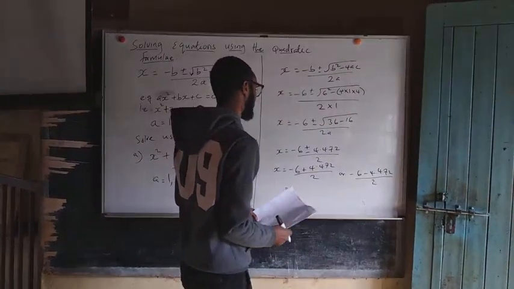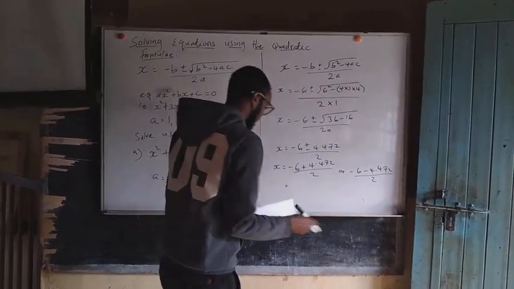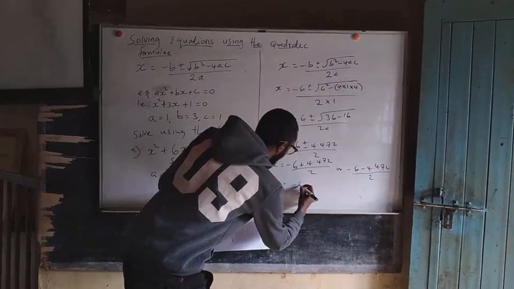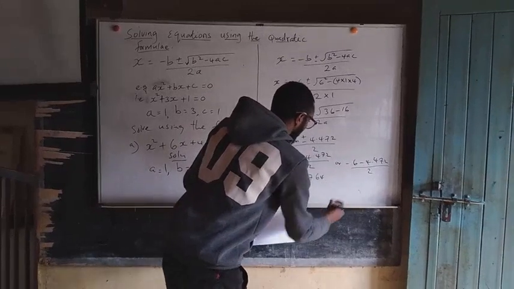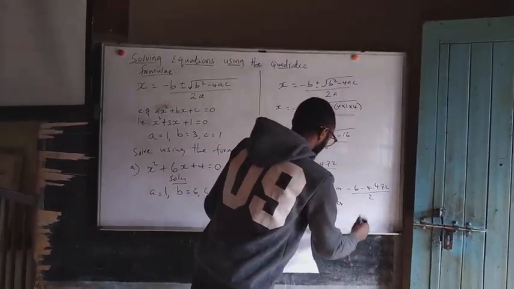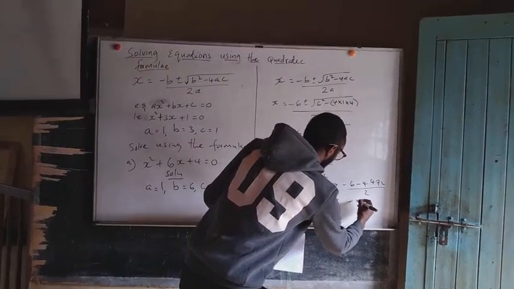So what are the values that we are getting? We realize that the values we get are negative 0.764, or negative 5.236 when you do the subtraction there.